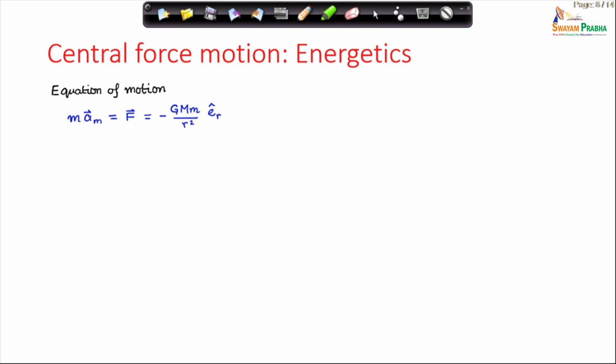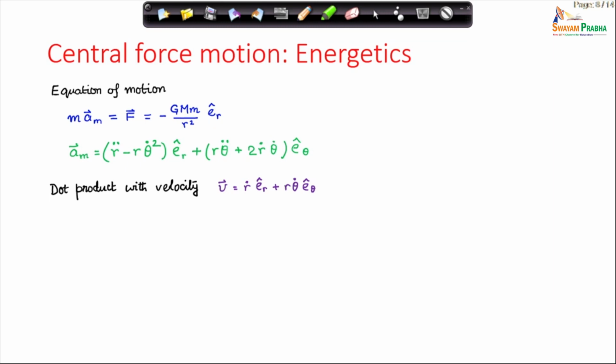This is the equation of motion. We started off with mass of the particle times acceleration is equal to the force. The force was because of the central force field, minus G m by r square in the e r cap. The minus comes because it is directed opposite to the e r direction, the radial direction. We had the polar form of acceleration in the ecliptic plane.